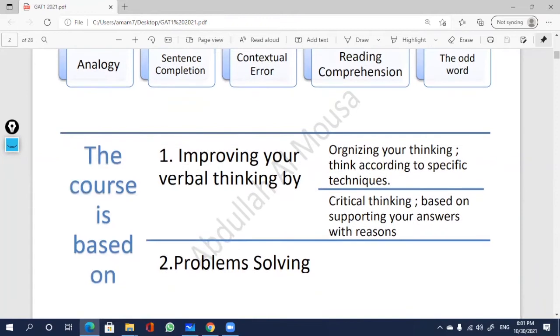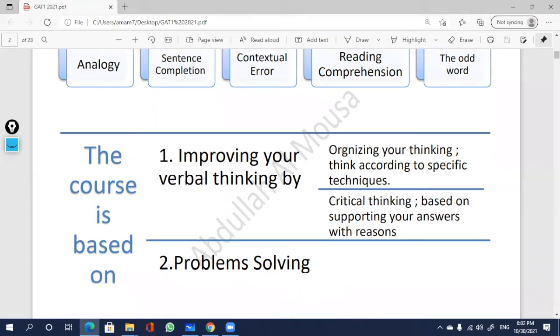Number 1, improving your verbal thinking by organizing your thinking, thinking according to specific techniques, and also critical thinking based on supporting your answers with reasons. Also, number 2, problem solving, because we're going to discuss the difficulties you may face in the exam.